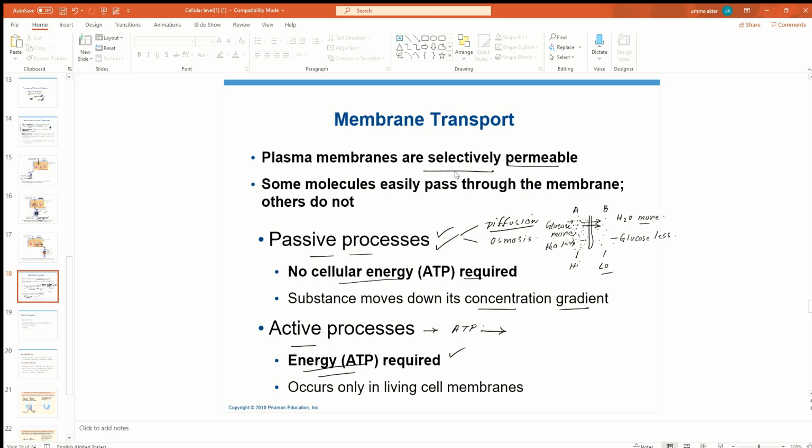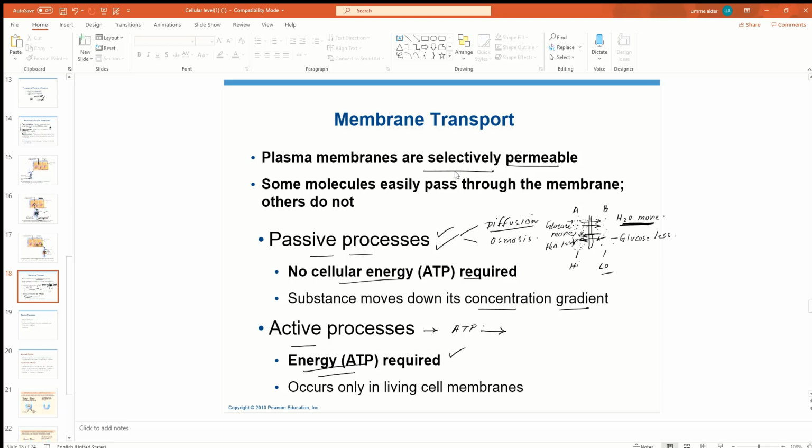Very simple. Always remember the water or solvent will move from low to high, because on this side water is more, right? So water will move from this side to this side, and that is called osmosis.